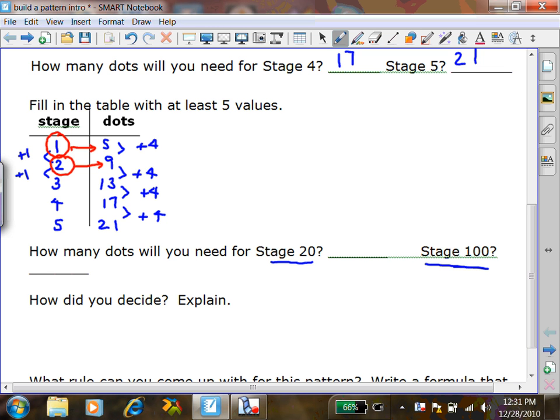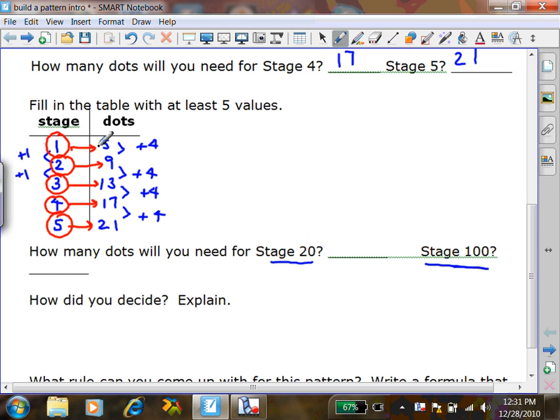And I want to do the exact same thing to 3 to get 13, and the exact same thing to 4 to get 17, and the exact same thing to 5 to get 21, so that all I have to do is, once I figure out what that pattern is, that relationship, I take 20, do that same operation to it, and that'll tell me the number of dots.